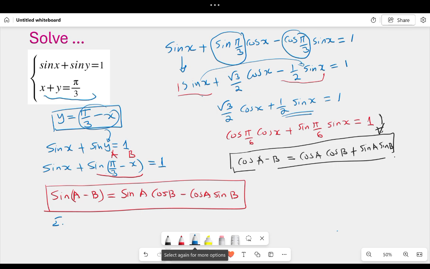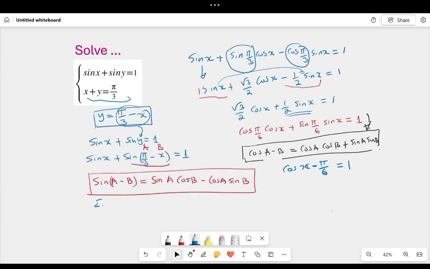This one can simply be written in a simplified form as cosine of x minus pi over 6, which is equal to 1.